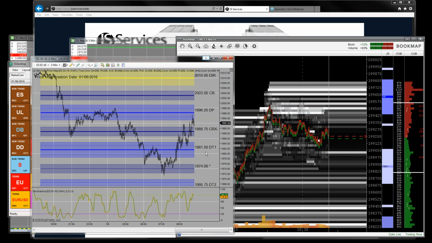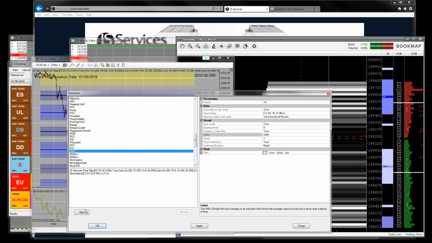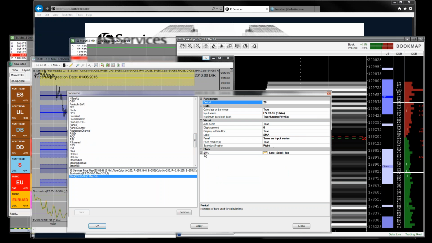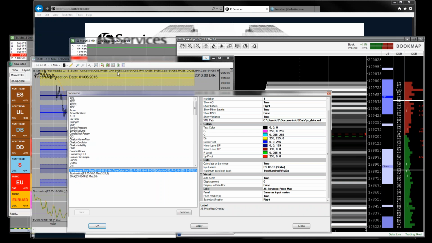But we could use another trend line here. Again, just keeping it real simple. Just to give us a sense, or we could use some moving averages. It's not showing up very well. Let me change that color.